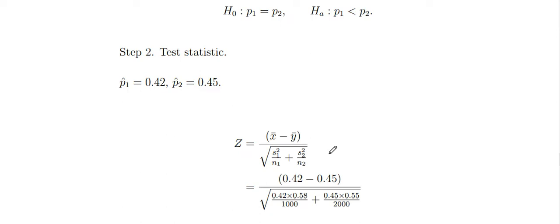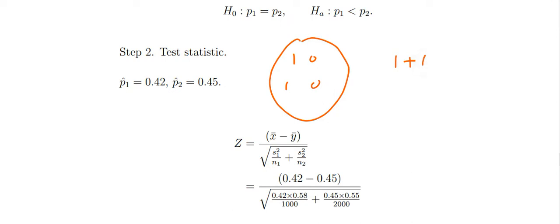Here X bar is just P1 hat, 42%. Because this is 1-0 data, right? Data is like 1, 0, 1, where this guy says yes and this guy says no. Then we divide by the total of 1,000.